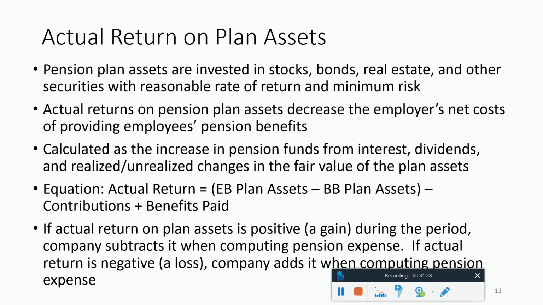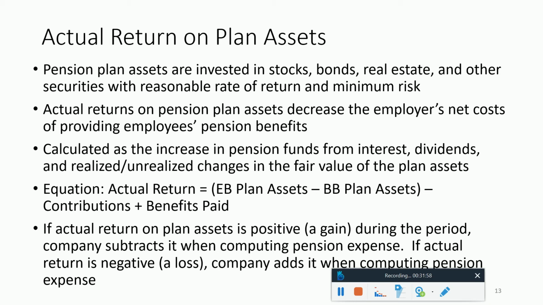So the equation is: your actual return is going to be equal to the difference between your ending balance of your plan assets and your beginning balance, minus any contributions that have been made by the employer or by the employees, and plus any benefits paid. So what this really means is that this is the plug between all the other known factors.